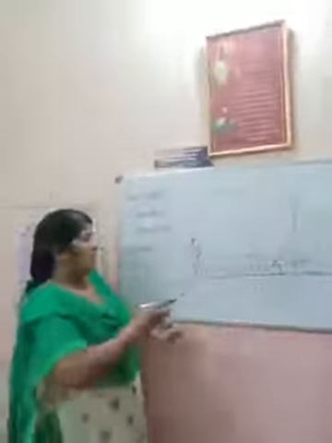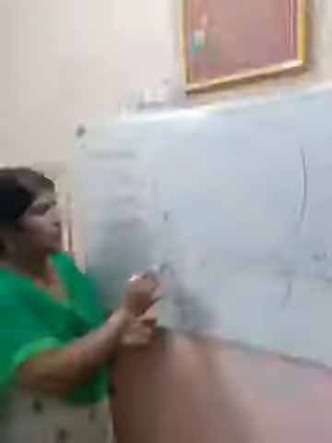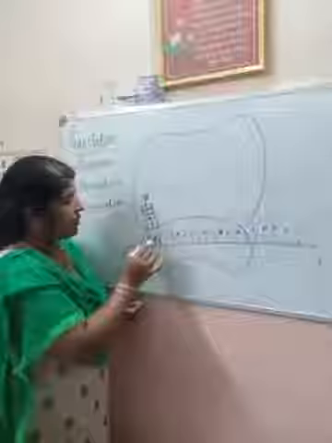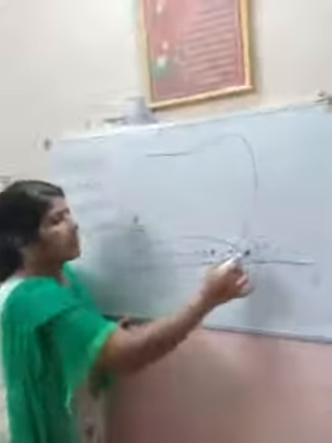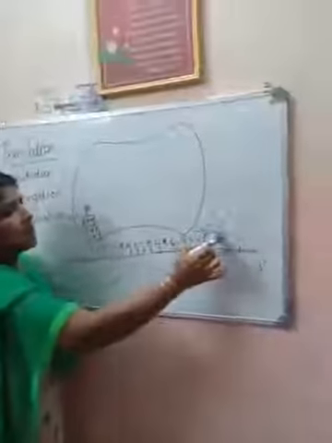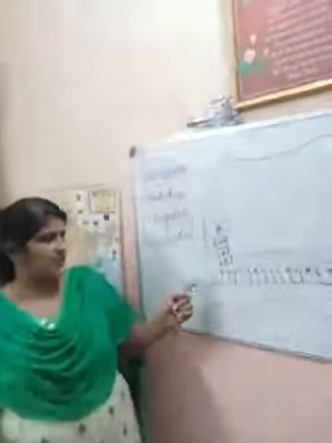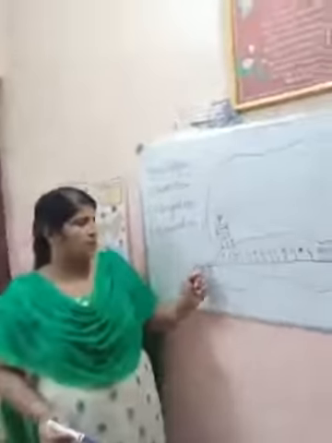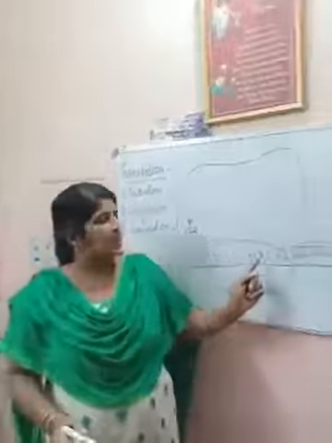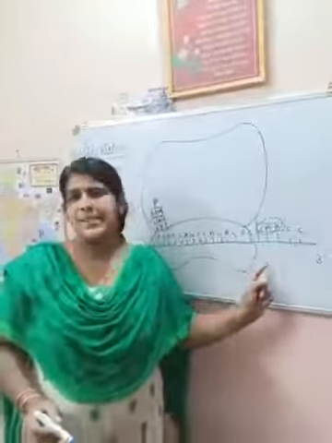Here you can see the 5' and 3' ends. Before the initiation codon and after the stop codon, some sequences are present, and such regions are known as untranslated regions.